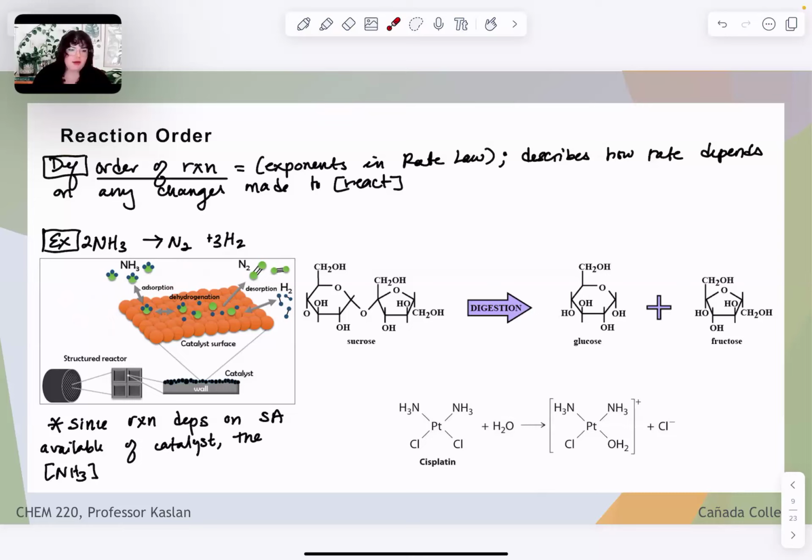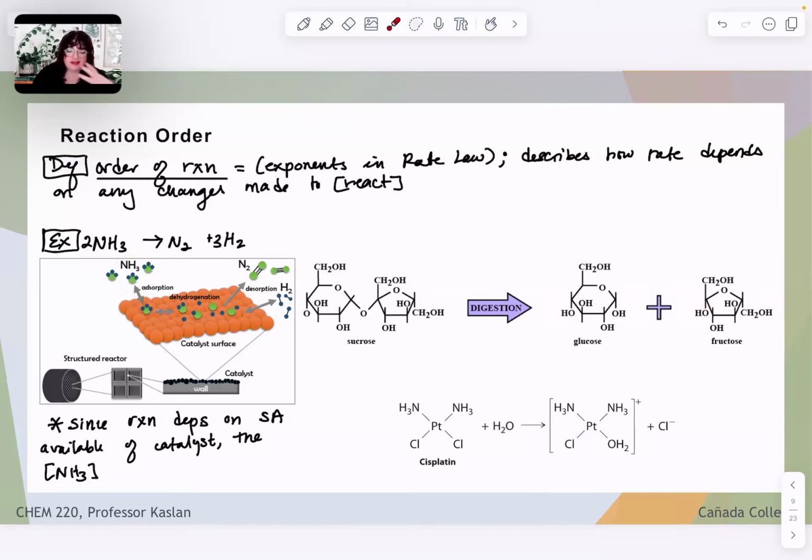I can up the amount of ammonia, and that is fundamentally not going to affect how fast this dehydrogenation happens, because what is limiting how fast this reaction happens is the process of the ammonia making its way through adsorption to the catalyst site.